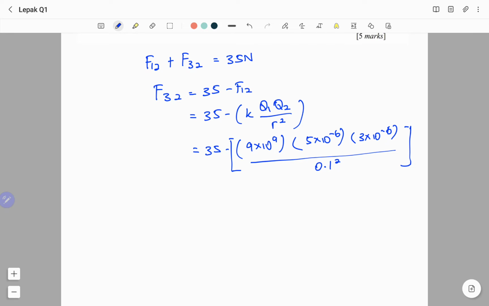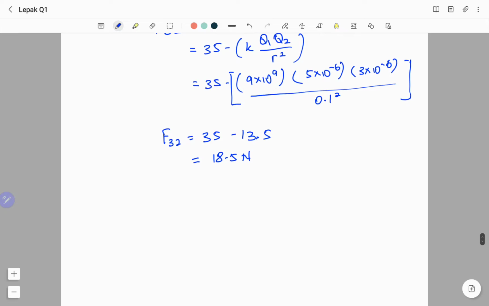Once we solve this, we end up with F32 equivalent to 35 minus 13.5, and the end product we end up with is 18.5 Newton.